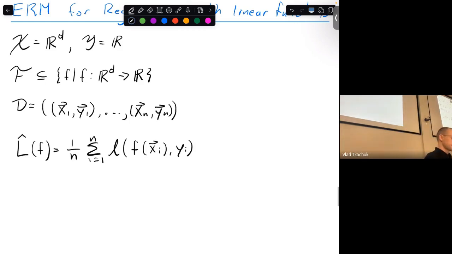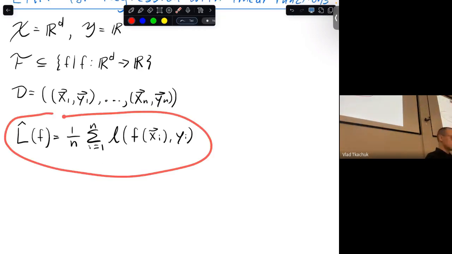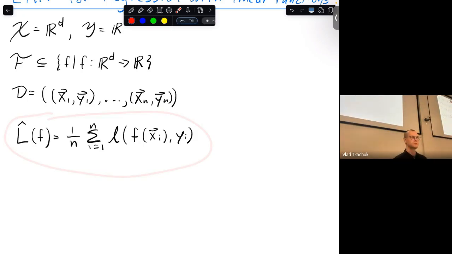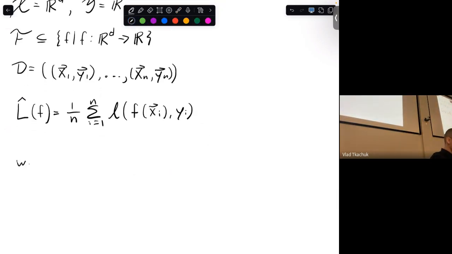Great, so that is our problem. We have a function and we want to minimize it. We're in good shape. And our goal is to find the arg min over f in our function class, the predictor that minimizes L hat of f. And guess what we've been calling this? We've been calling this f hat.